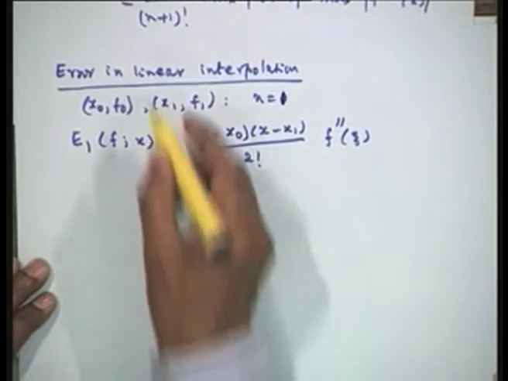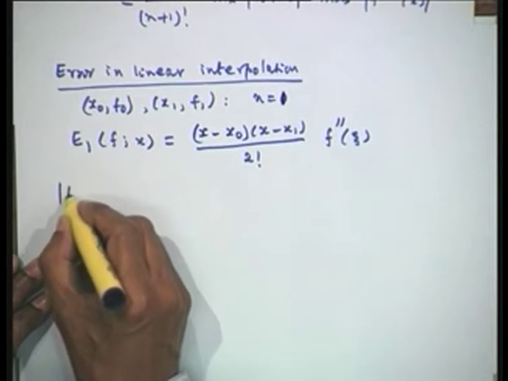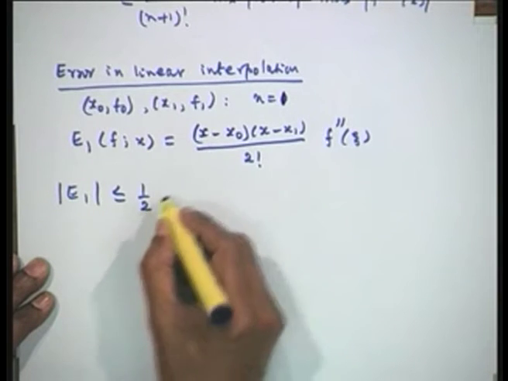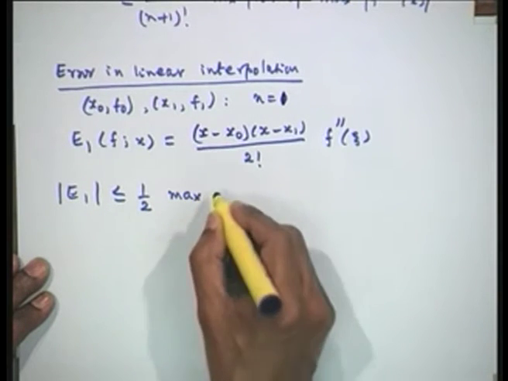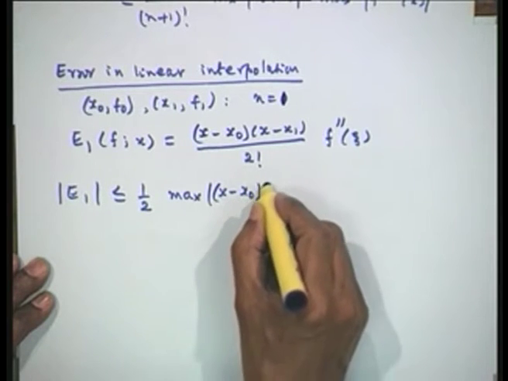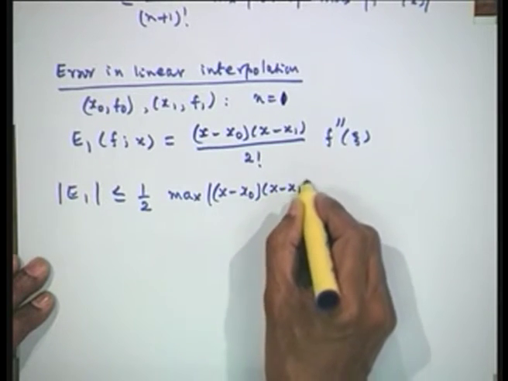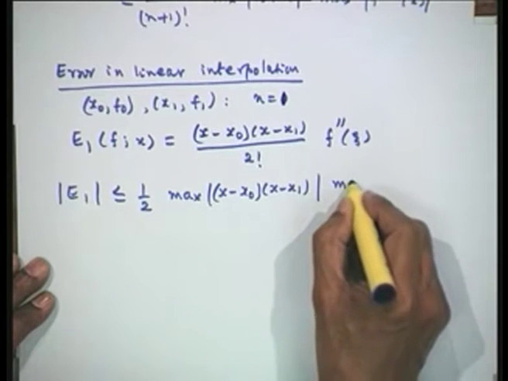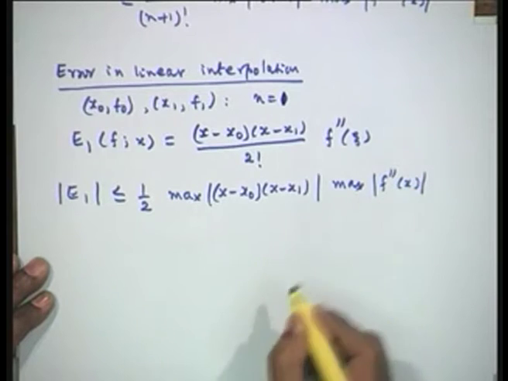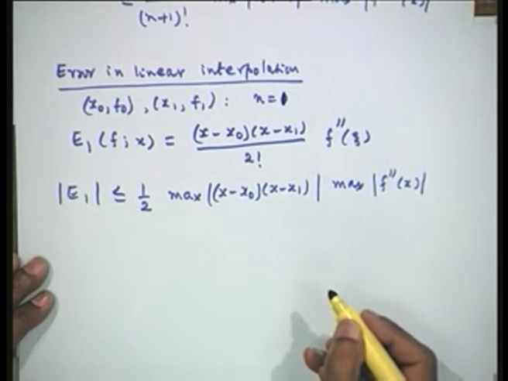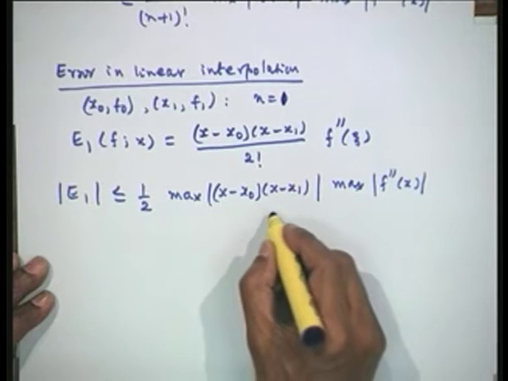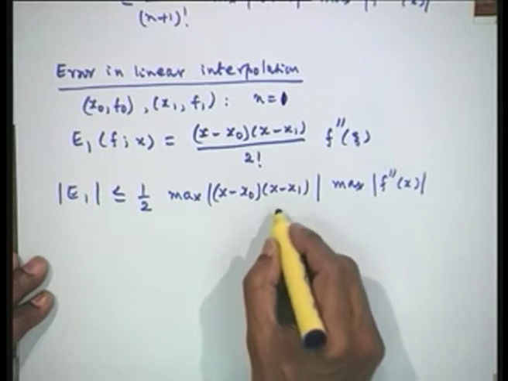Now let us get this bound. Therefore magnitude of E1 would be less than or equal to 1 by 2 maximum of x minus x naught, x minus x 1 into maximum of f double dash of x. Now, I can find the maximum of this because it is a quadratic polynomial.